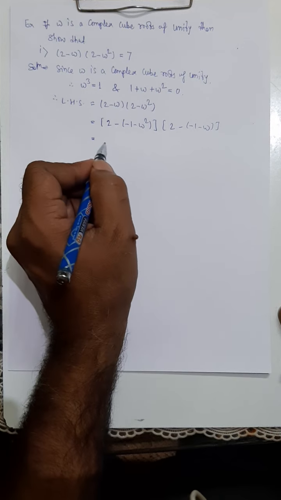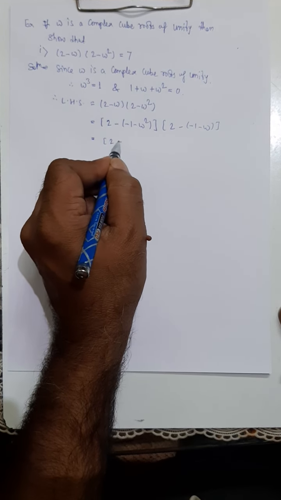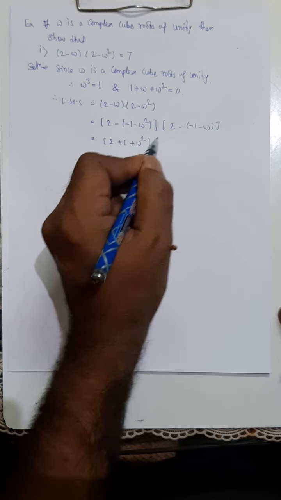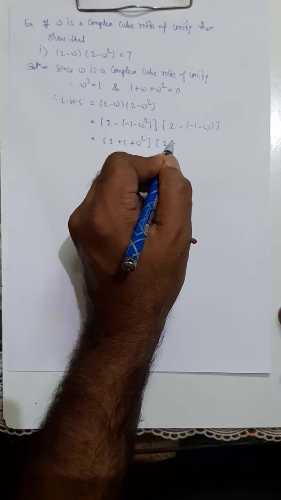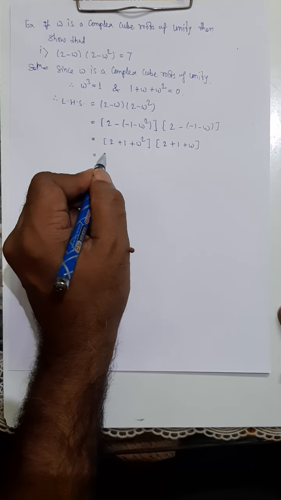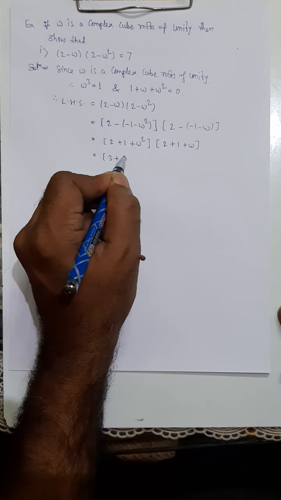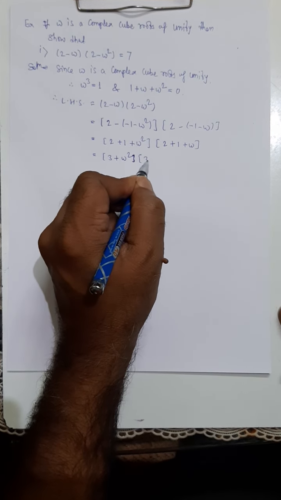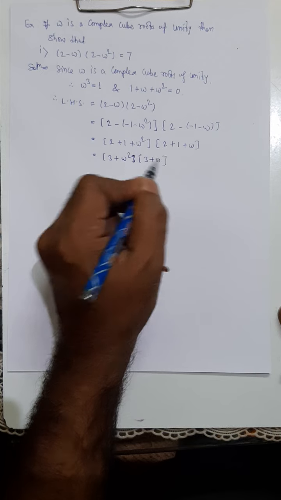Similarly, we get 2 minus minus, plus 1, minus minus, plus omega square. Second bracket, 2 minus minus, plus 1, minus minus, plus omega. So it is equal to 2 plus 1, 3 plus omega square, second bracket 3 plus omega.